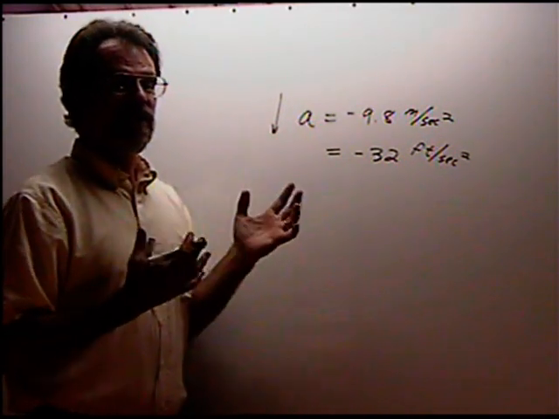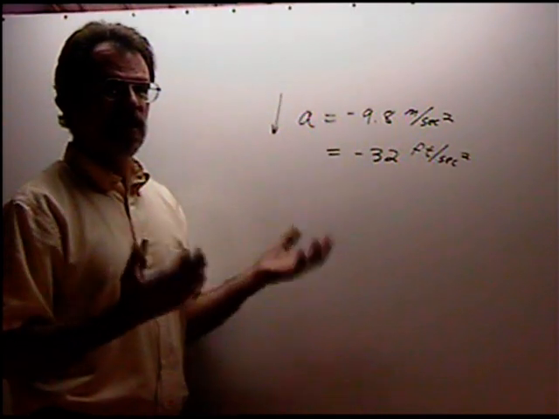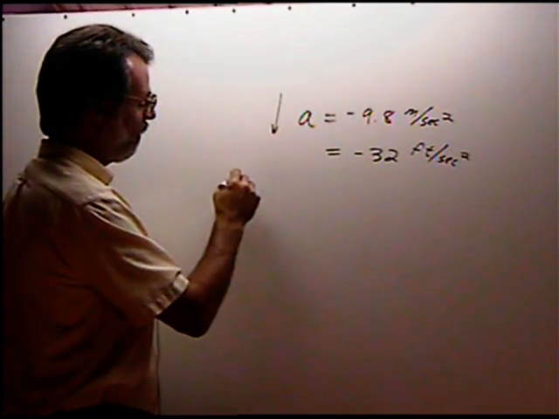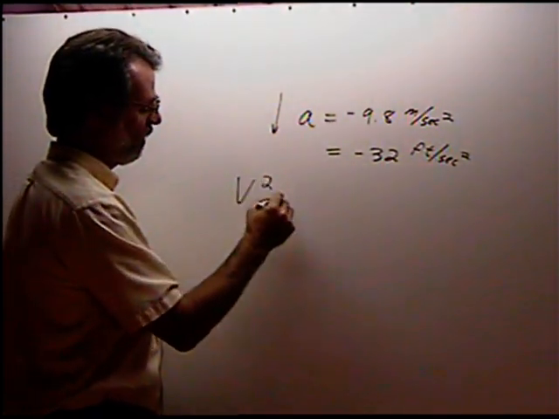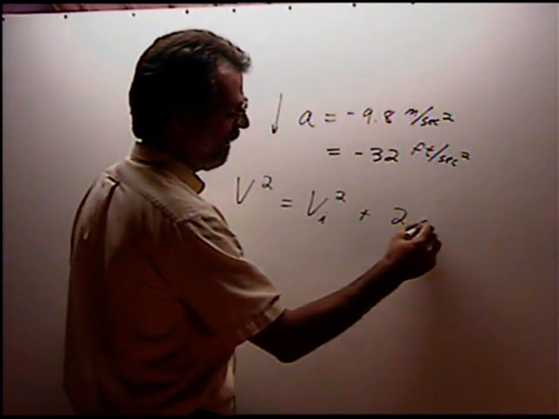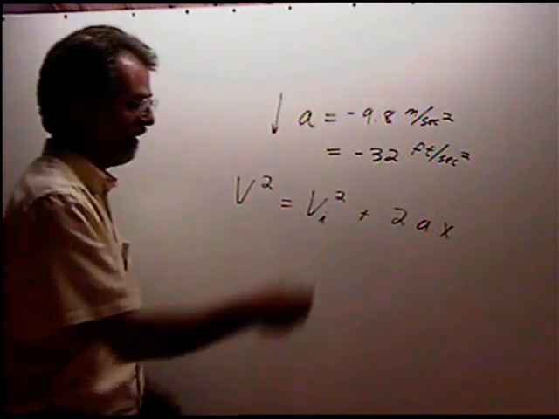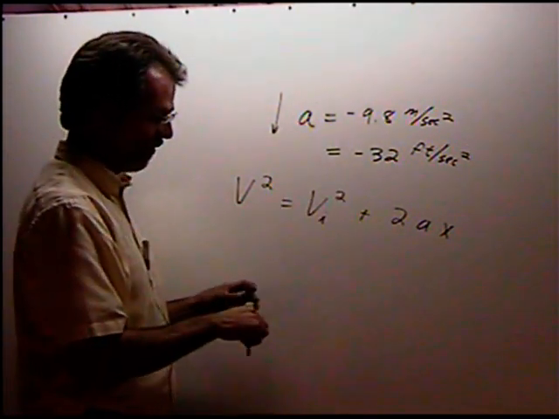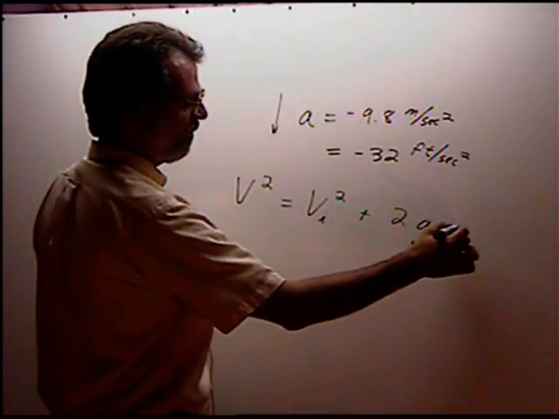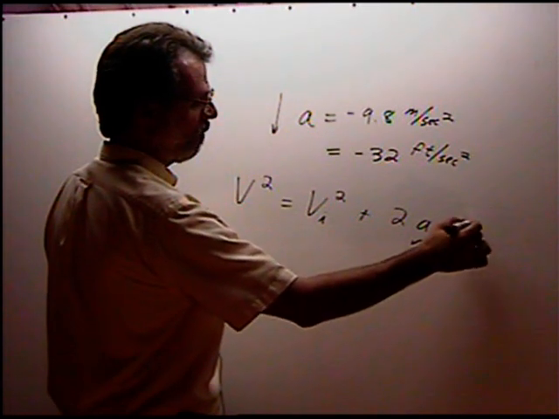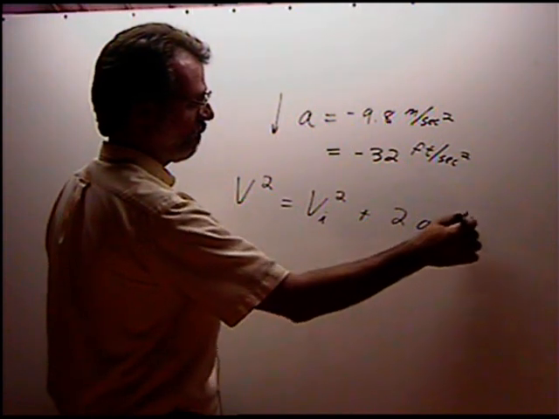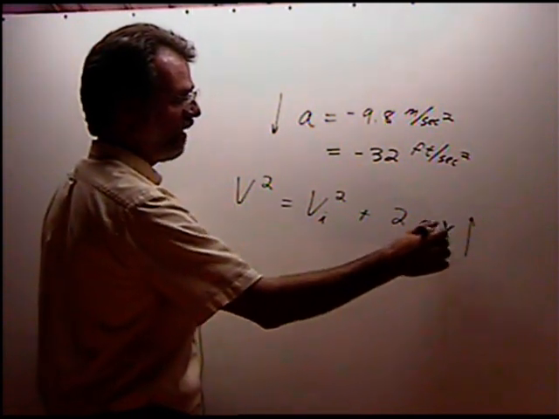That means your velocity keeps picking up. It picks up and up and up. However, at some point, think of this equation here. The final velocity squared is equal to the initial velocity squared plus 2ax, where x is in the vertical direction. Since the acceleration is constant, as x keeps increasing, the absolute magnitude of the distance increases.